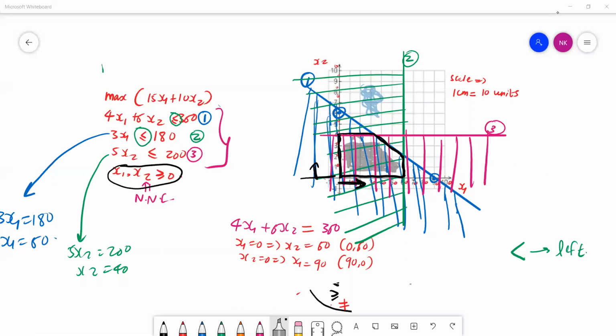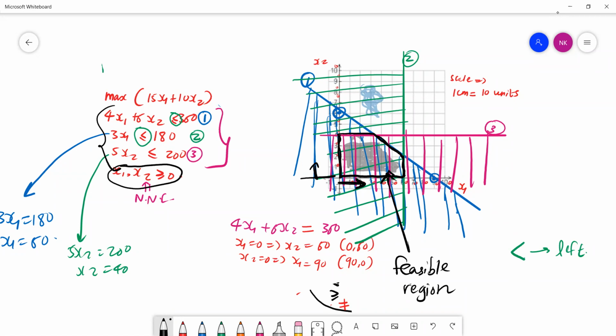So the region I have drawn in black is the region intersecting all three conditions, and this particular region is called the feasible region. Feasible region, why? Because it satisfies all three constraints. That is the reason it is called the feasible region.